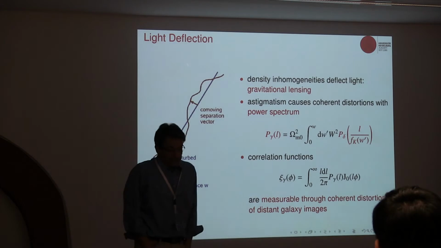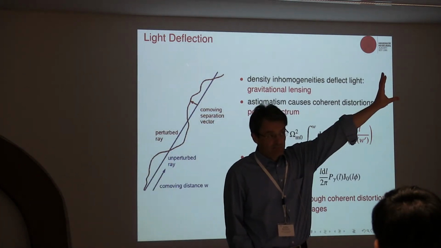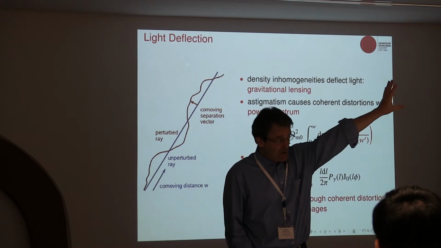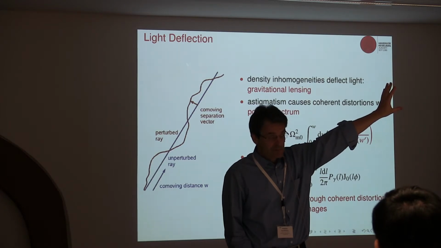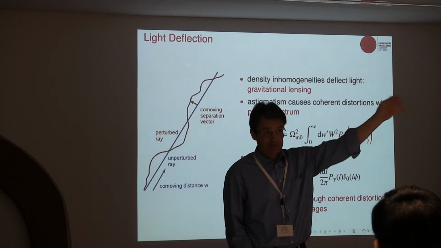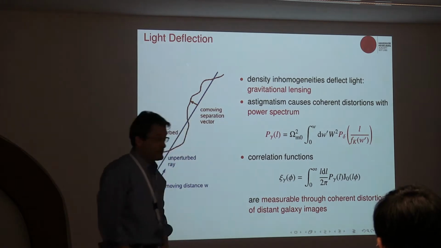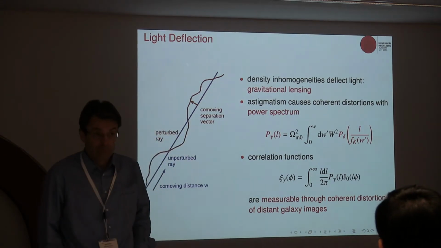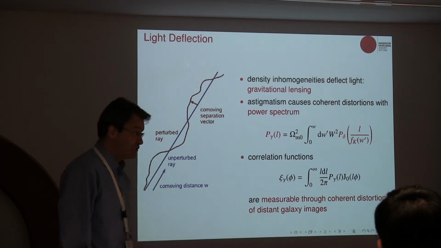So now, this means that if you observe any kind of distant galaxy far out in the universe, gravitational lensing will give rise to distortion. So suppose all galaxies were circular, very nice circles on the sky. Then after gravitational lensing, all of them would be elliptical. Their ellipticity would reflect the distortion. Why elliptical?